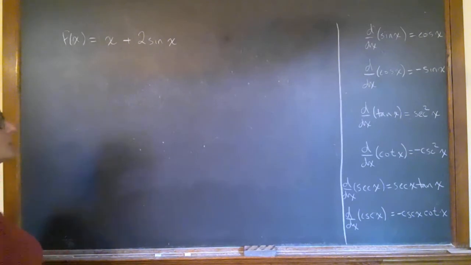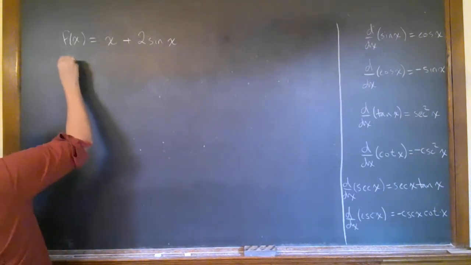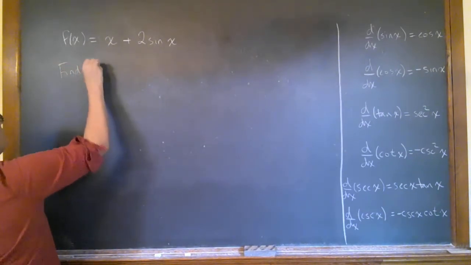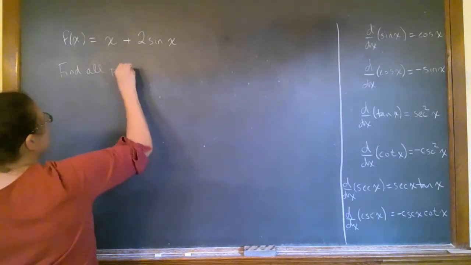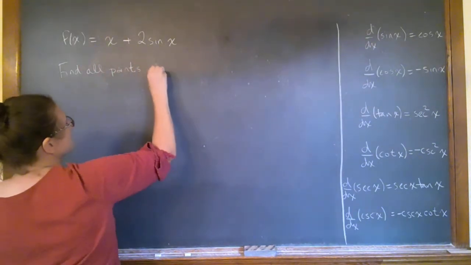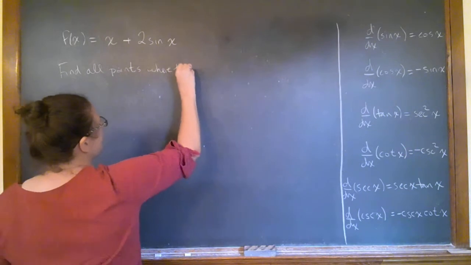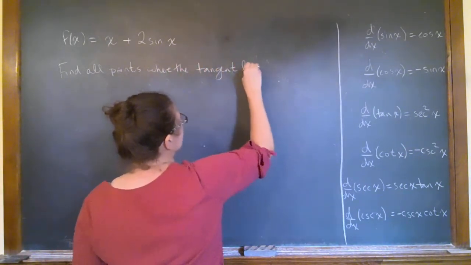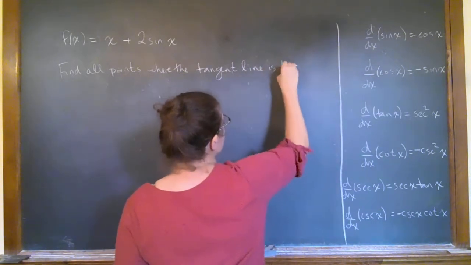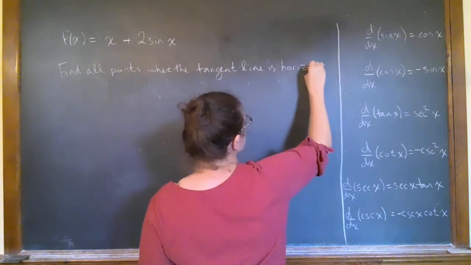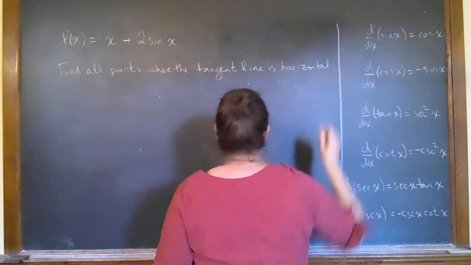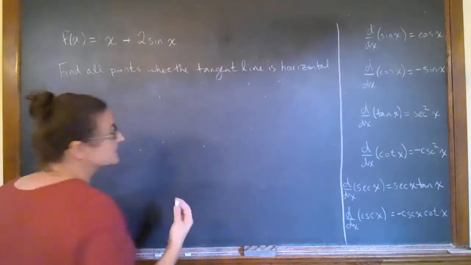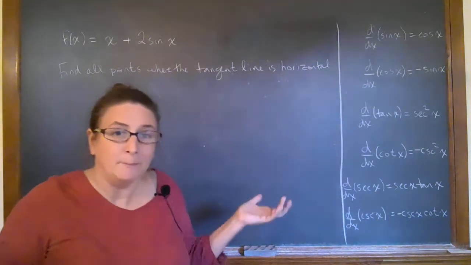And the question is find all points where the tangent line is horizontal. So basically we're taking the derivative and we're setting it equal to 0, right?